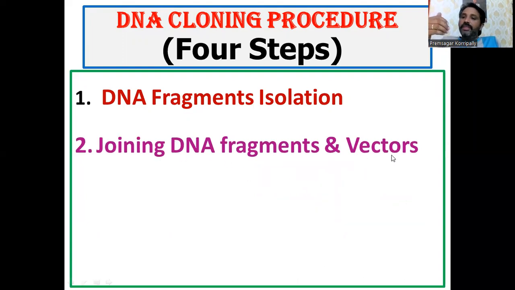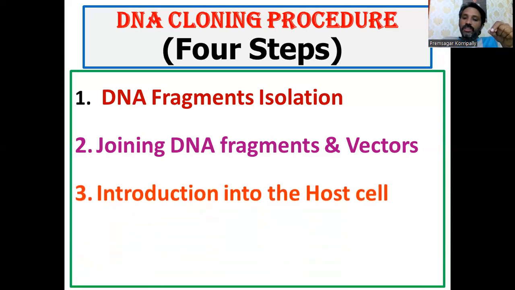Once you have isolated the DNA fragments from the genomes or any other source, then you ligate those DNA fragments with the vector. That's a vehicle, so your gene of interest is ligated into the vector by using the ligation process.